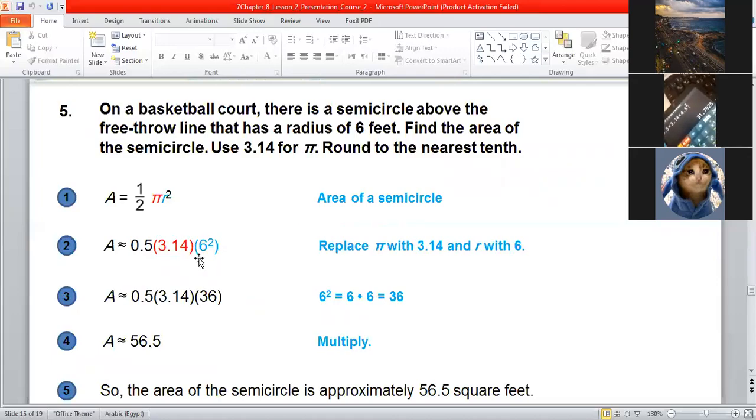After that, what do we do, Muhammad? 6 squared, my friend, is equal to 36. So we multiply 0.5 times 3.14 times 36. If I multiply the three together, Muhammad, the result is equal what, my friend?